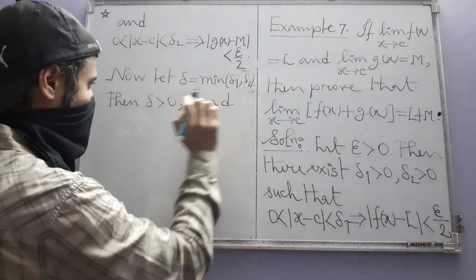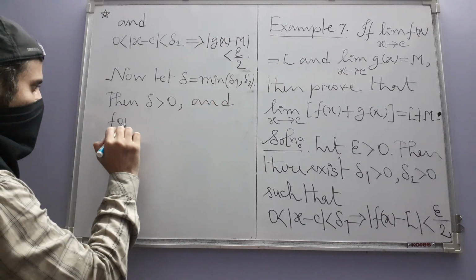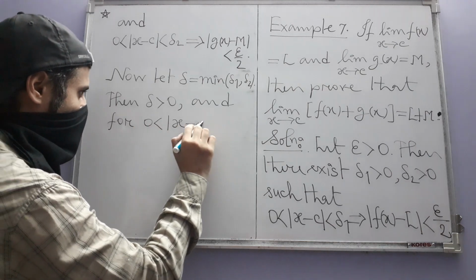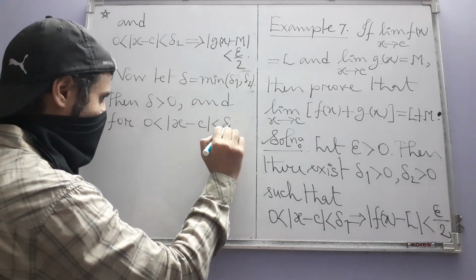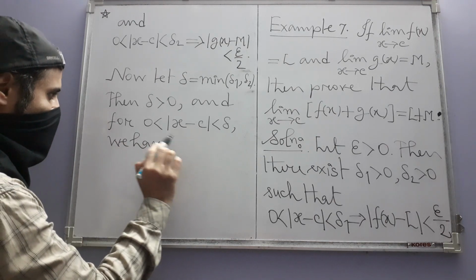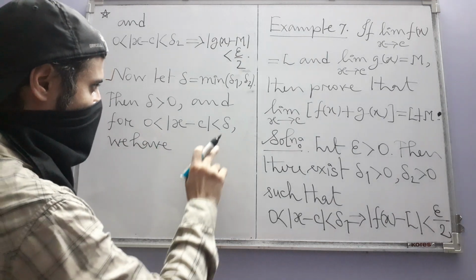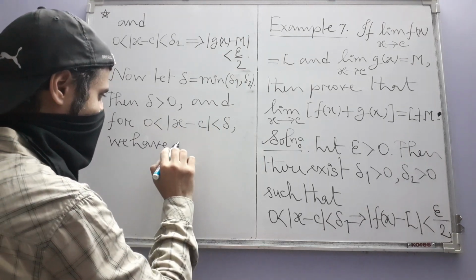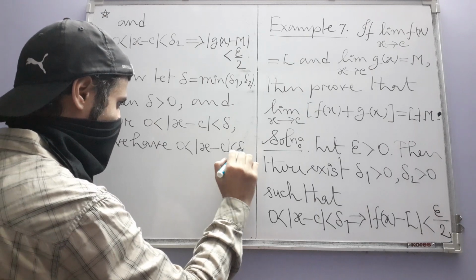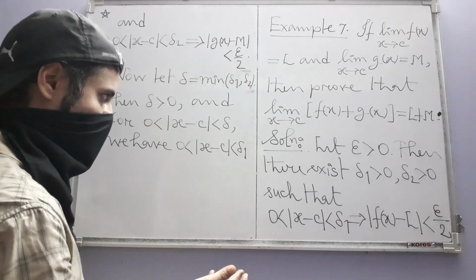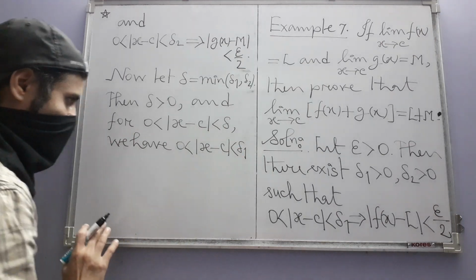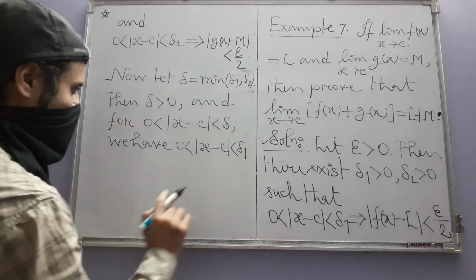And for this we have, if now our distance between x and c is less than delta, then automatically it's both less than delta 1 as well as delta 2, because delta is the smaller one among them.